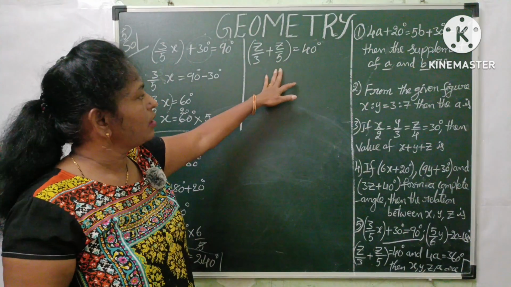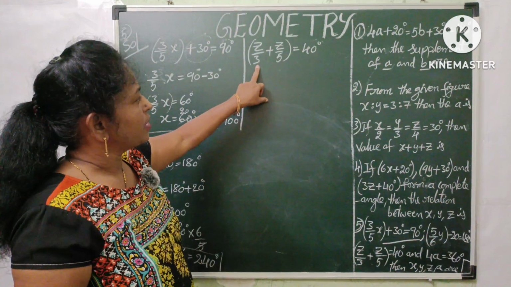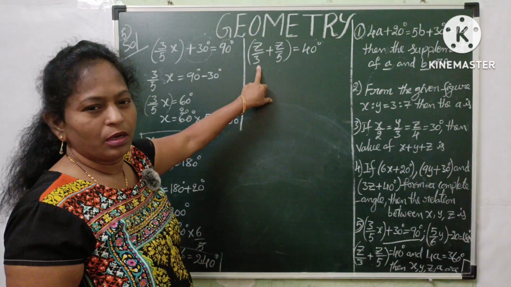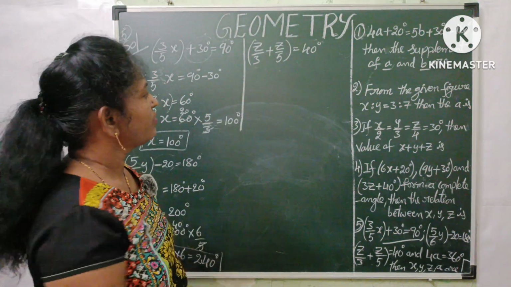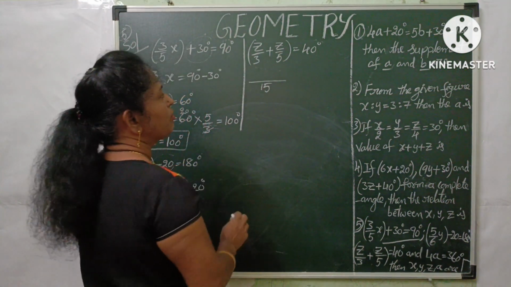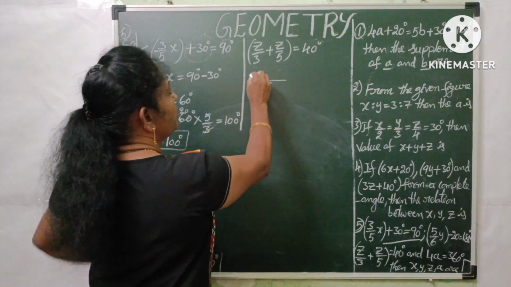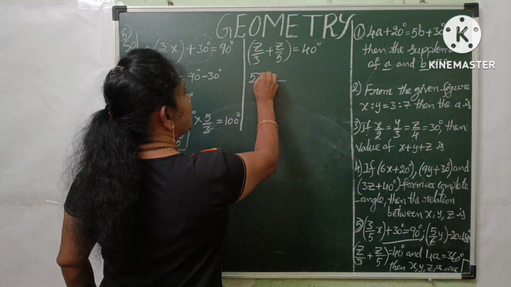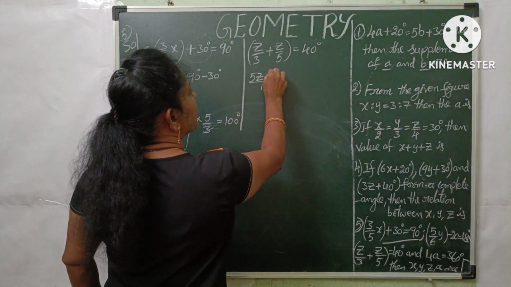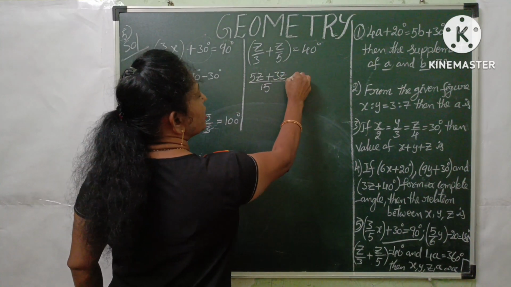When the denominators are different, find the LCM. These two are prime numbers, they do not have a common factor, so 5 3s are 15. So 15 is the LCM. 3 table in 15, 5 times, so 5 is multiplied with z, 5z, plus 5 table in 15, 3 times, 3 into z, 3z, equal to 40.